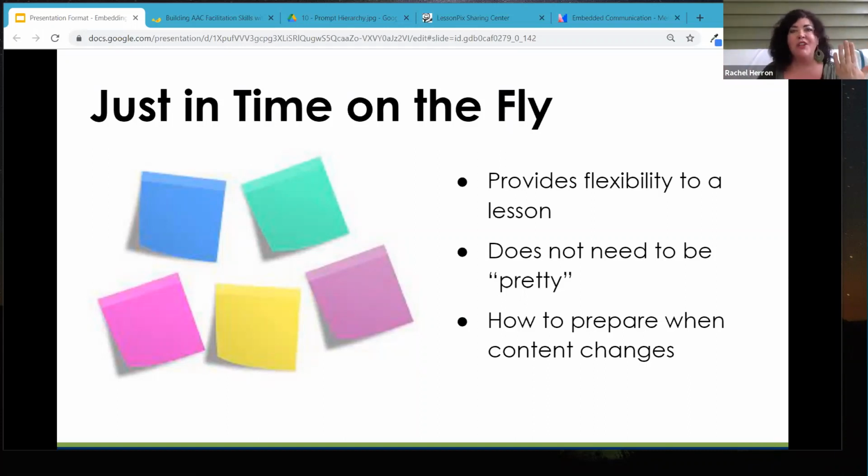So you can take a Post-it note and just add a simple drawing, slap that next to what the student is working on their device. You can pull in, if you're working on the mitten, draw a picture of the mitten and use that as a just-in-time piece of information. It doesn't have to be pretty. It doesn't have to be prepped. It just has to be inclusive of the conversation. One of my favorite things.